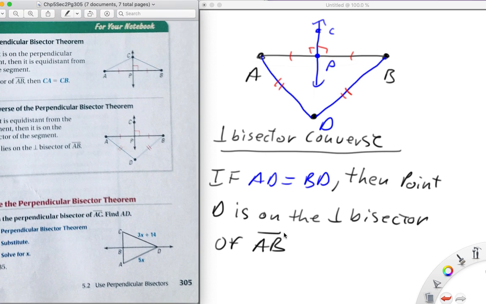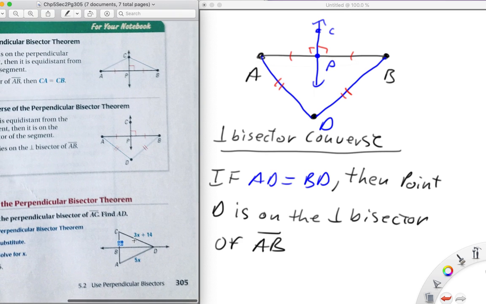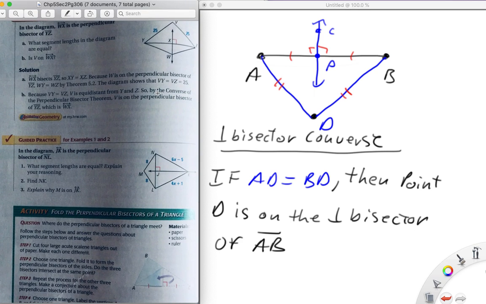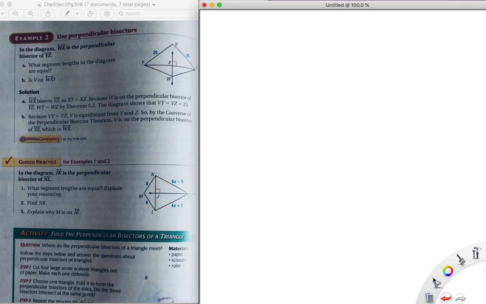Okay. So here, algebraically, pretty straightforward. They tell me it's a perpendicular bisector. Since I know it's a perpendicular bisector, I can set these two sides equal to each other and solve for the variable. So here we have this scenario. We have 25 and 25 at point V. We're told that WX is the perpendicular bisector of YZ. What are the segment lengths in the diagram that are equal?